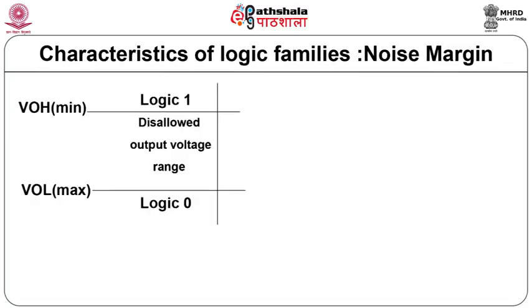On the slide, you can see the values of VOH min, that means the minimum output voltage which is referred to as high, that is logic 1, and the maximum output voltage which is referred to as low, that is logic 0. The range between VOH min and VOL max is the disallowed output voltage range.